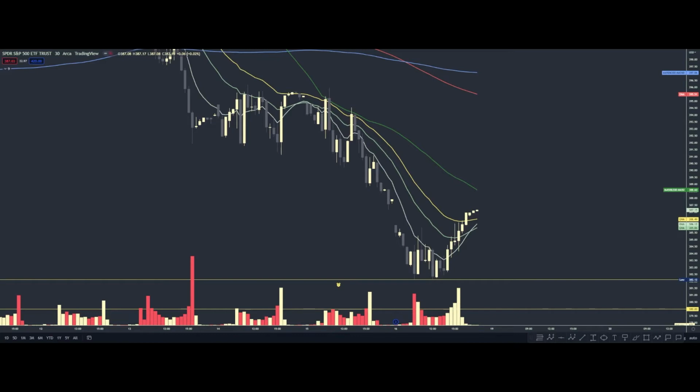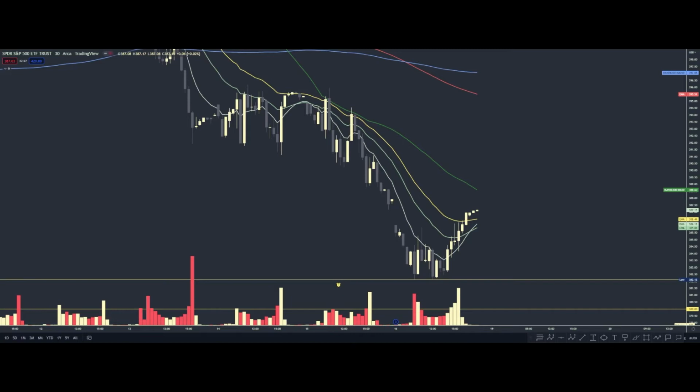The reason for that is supply and demand zones give you, like in the title, a zone or a range where you may see price action either bounce, reject, or maybe break through a level and flip a zone. So that's how that differs from support and resistance.